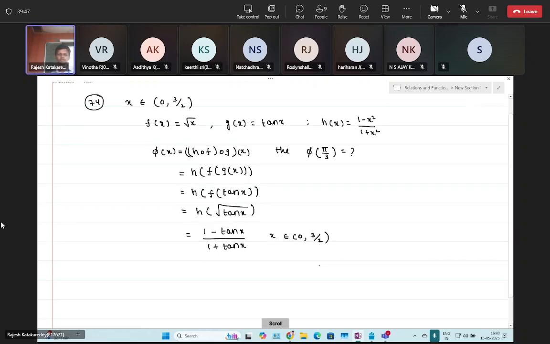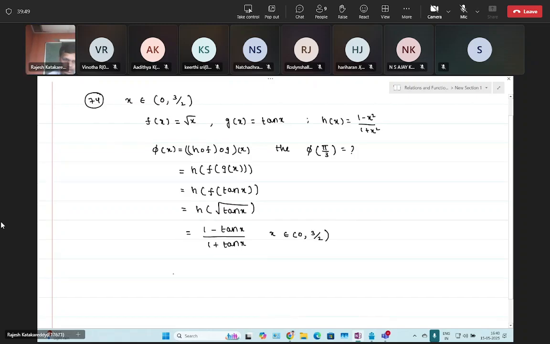So now we can write this as tan pi by 4 minus tan x divided by 1 plus tan pi by 4 into tan x. So how much is this? This is tan of pi by 4 minus x.